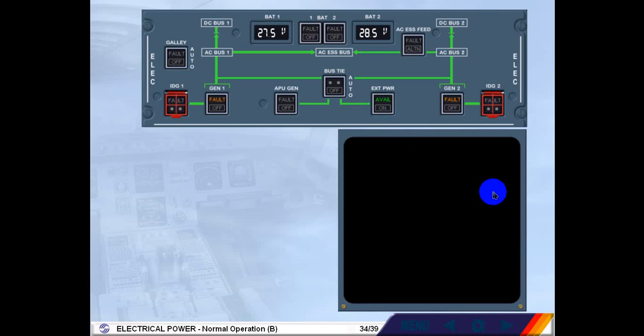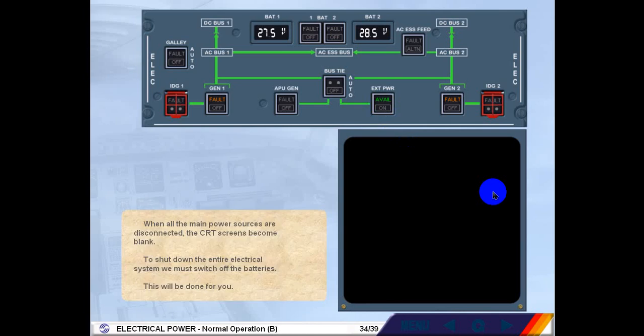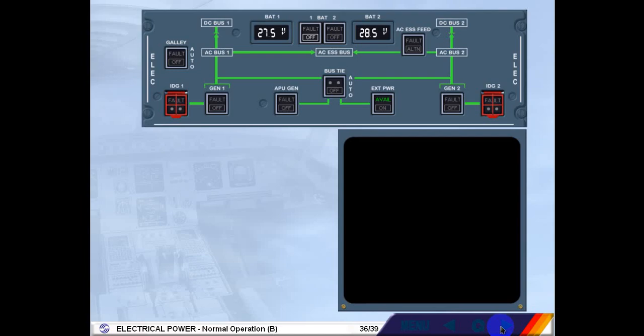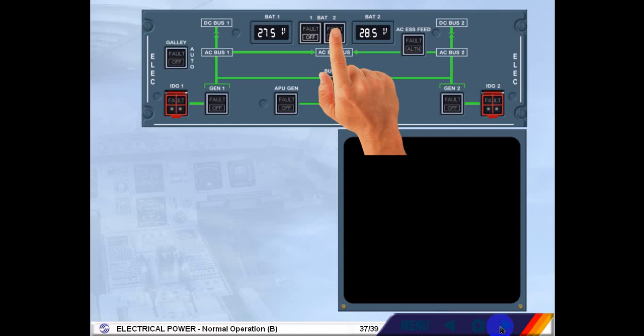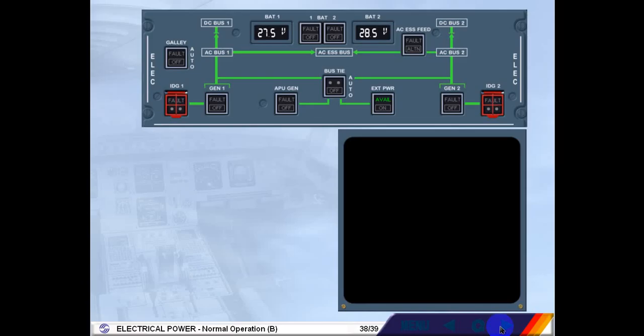To shut down the entire electrical system, we must switch off the batteries. This will be done for you. All lights on the overhead panel have disappeared, except the Avail light, which is receiving power from the external cart.